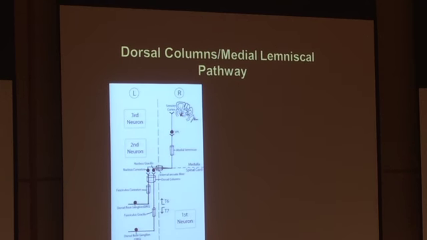Crossing for vibration and proprioception is these, called the internal arcuate fibers. Again, we'll see those in the brainstem section. And then once the pathway crosses over, we call it the medial lemniscus. It really is just a continuation of the posterior columns, but after the synapse, we give it a new name, and now we call it the medial lemniscus.